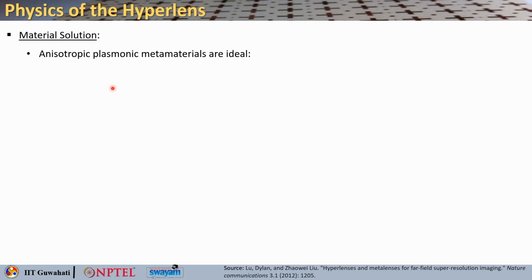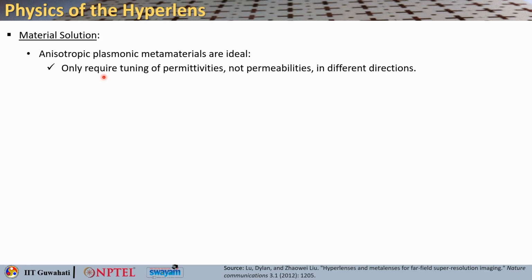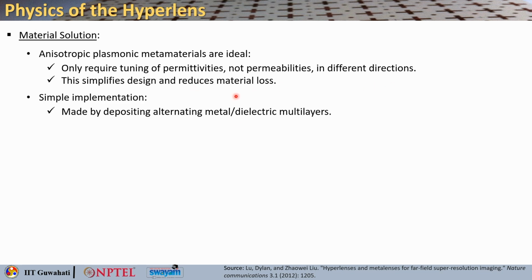The first thing is you have to understand that anisotropic plasmonic metamaterials are ideal in this kind of scenario, because they only require tuning of permittivities, not permeabilities, in different directions, and that simplifies the design and also reduces the material loss.